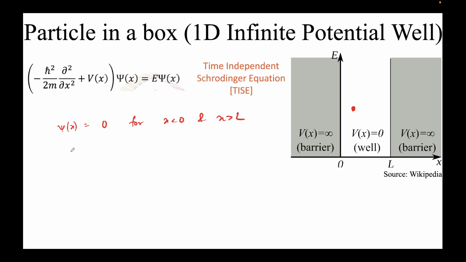This we know. And second thing, we know that V x equals 0 for 0 less than or equal to x less than or equal to L. So we only need to solve between 0 and L. If you solve this expression only there, V x becomes 0.